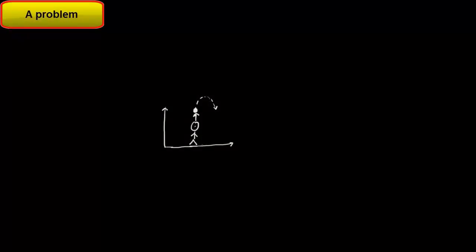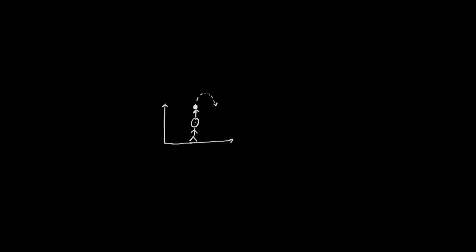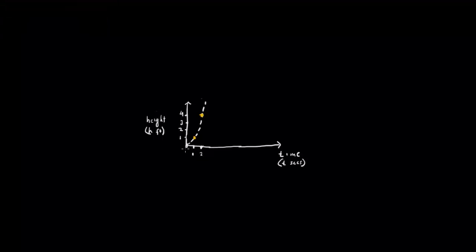Now let's assume a problem here. There is this guy standing here, and he is throwing the ball up in the air. The question arises: if the ball is going up to a certain height, we want to find the value of time at which the ball will be at some point. Let's consider a scenario where the ball goes through different points in space. Let's say it starts here, at time t equal to 0, and its height at that point is also 0.